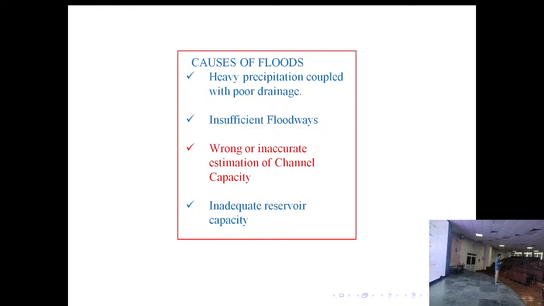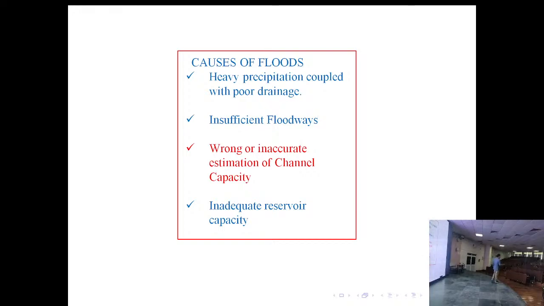Precipitation is generally very natural, we cannot stop it, or we have a very small role in controlling it. But as a researcher or designer, we should be responsible for wrong or inaccurate estimation of channel capacity.